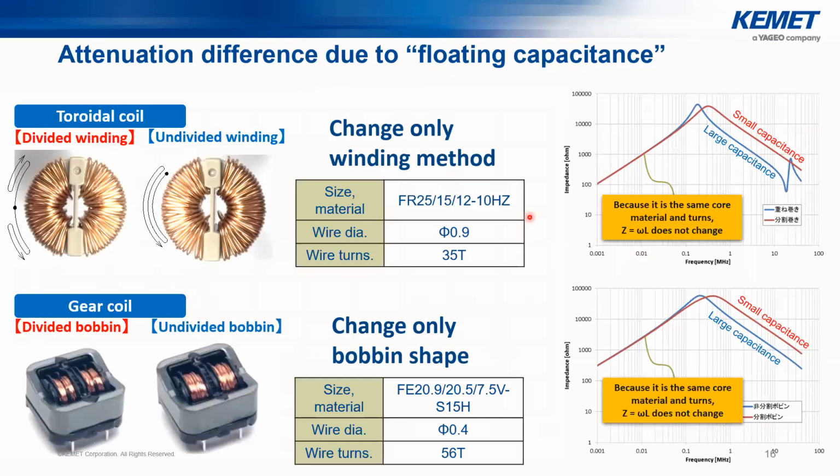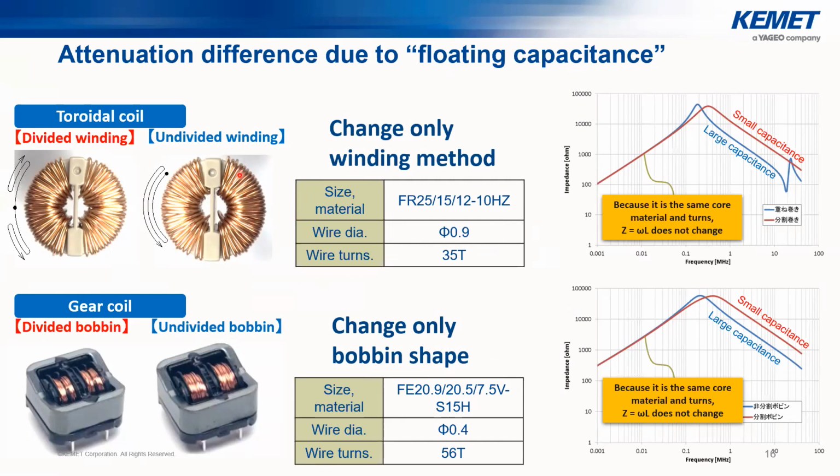One more feature that we have in our choke, a construction feature in addition to our cores, to improve your high frequency behavior, are these split windings or divided windings. We all know that it's the stray capacitance that exists between the coils which affects your high frequency response.